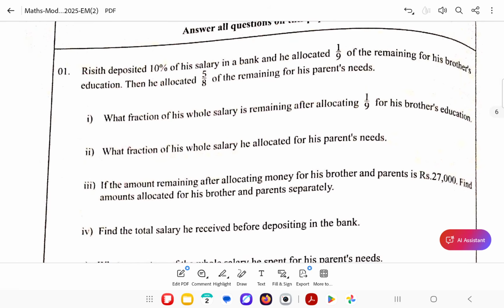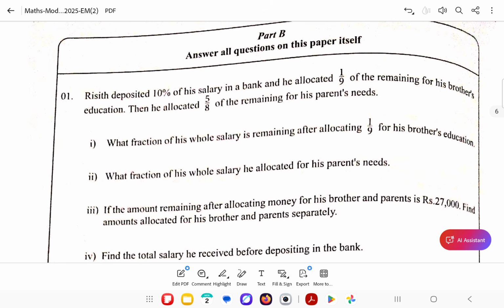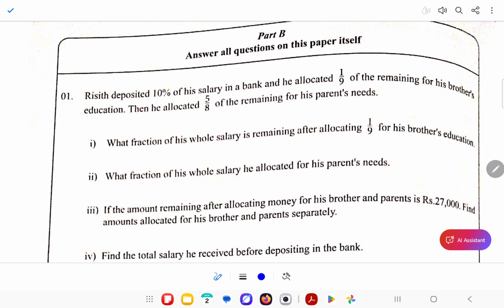So now let's look at part B questions. Risith deposited 10% of his salary, so that is 1/10, in a bank, and he allocated 1/9 of the remaining for his brother's education. Then he allocated 5/8 of the remaining for his parents' needs.